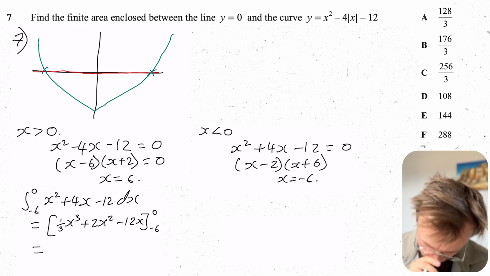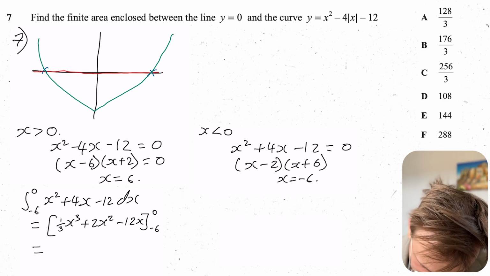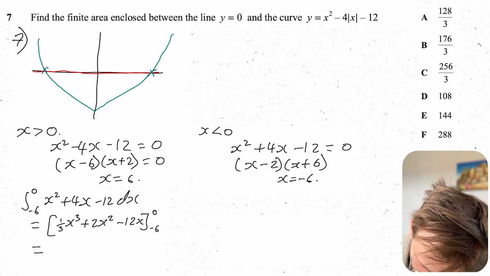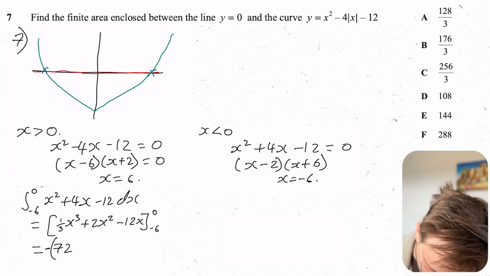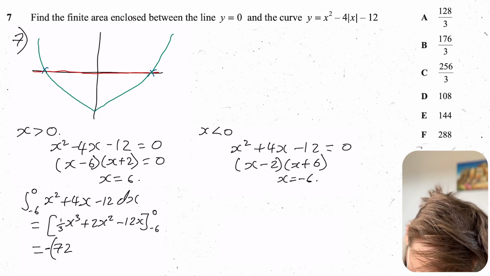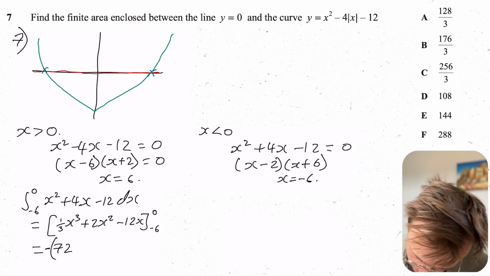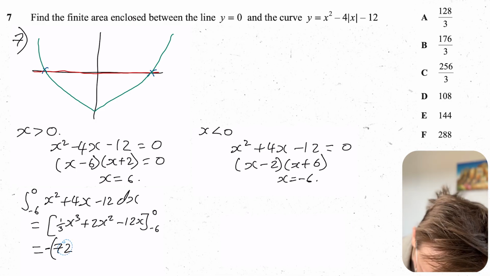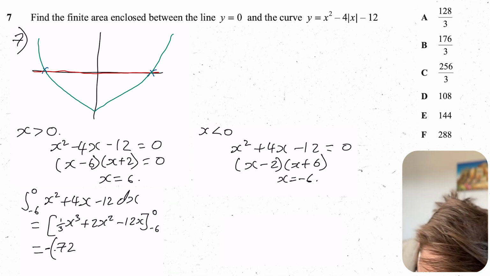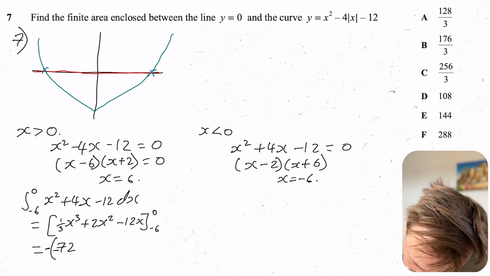That's equal to 6 cubed, 6 times 6 over 3, which is just 72, and it should be minus, because it's the second bracket, minus 72. We're doing minus, so it should be negative 72 as well. Double negatives, be careful.